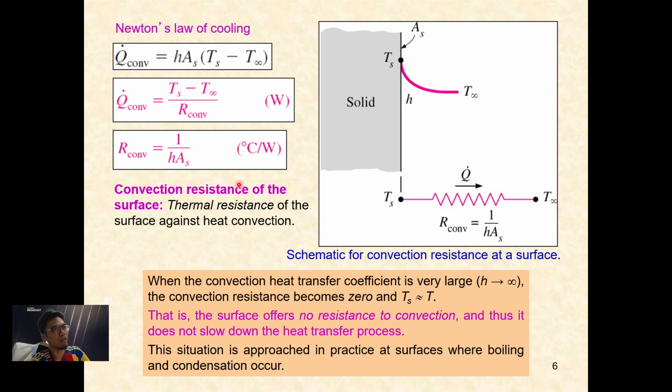So in the illustration of convection, how it works in the thermal resistance concept: this is a solid, where your surface temperature is much higher than the environment temperature.